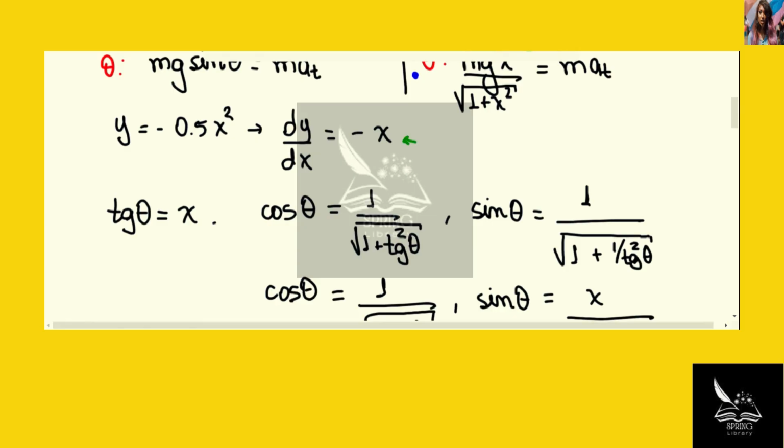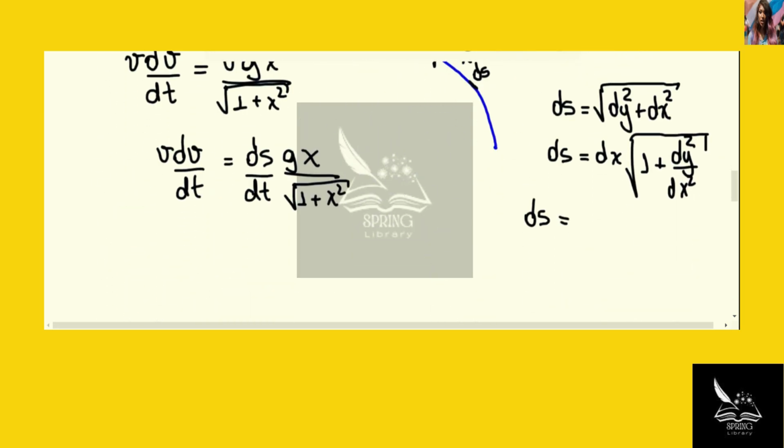I used that dy/dx is equal to minus x. So dy/dx squared is equal to x squared. And actually here, I forgot to use the parentheses. So now with the parentheses, I think everything looks tidier. So I have that ds is equal to dx times the square root of 1 plus x squared.